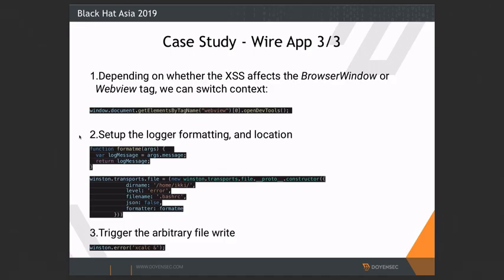For demonstration purposes, we have to jump from the initial browser window to the renderer. Then inside the renderer, we can reconfigure the formatter and the transport of the logger to, for example, write to a file instead of to the console. And at that point, exploitation is as easy as reinvoking the same function.